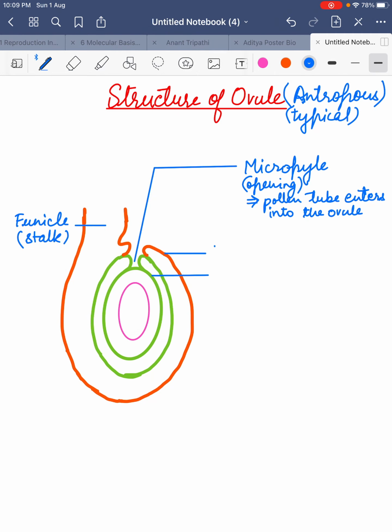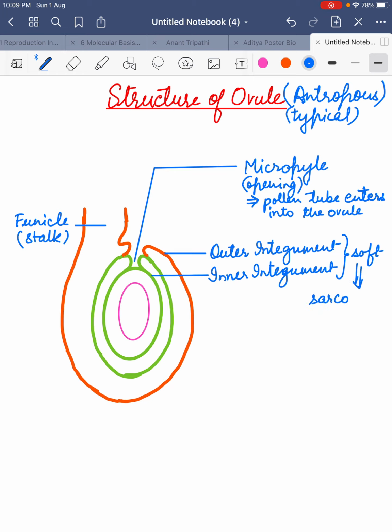So we see here that there are two types of integuments, one is outer and the other is inner. Both of these integuments are made up of soft tissue, and they are made up of sarcotesta.